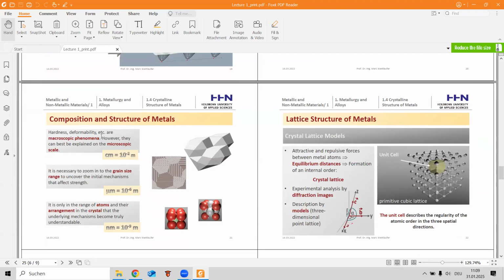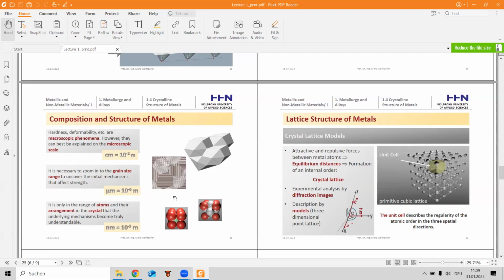Hardness, deformability, etc. are macroscopic phenomena, and they can be best explained on a macroscopic scale. So in the range of centimeters, so 10 to the minus 2 meters, it is necessary to zoom to the grain size range to uncover the initial mechanisms that affect strength.